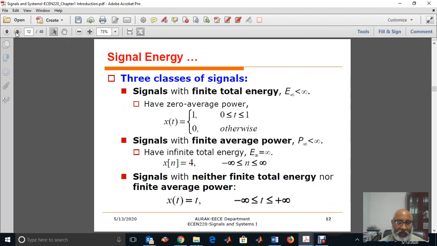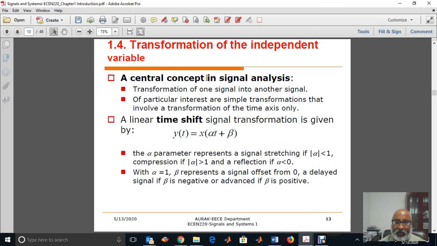Today, we will continue to discuss transformation of independent variables and some other concepts. One of the central concepts in signal analysis is transformation of one signal to another signal. For example, of particular interest is transformation of the independent variable t.